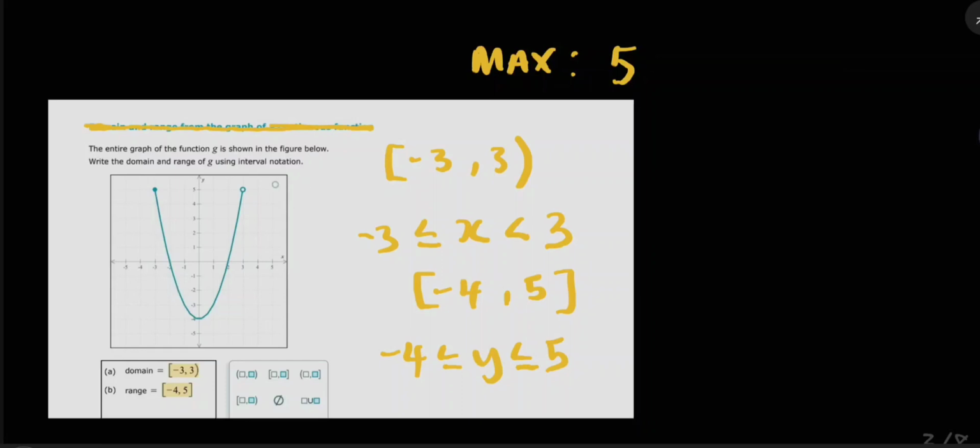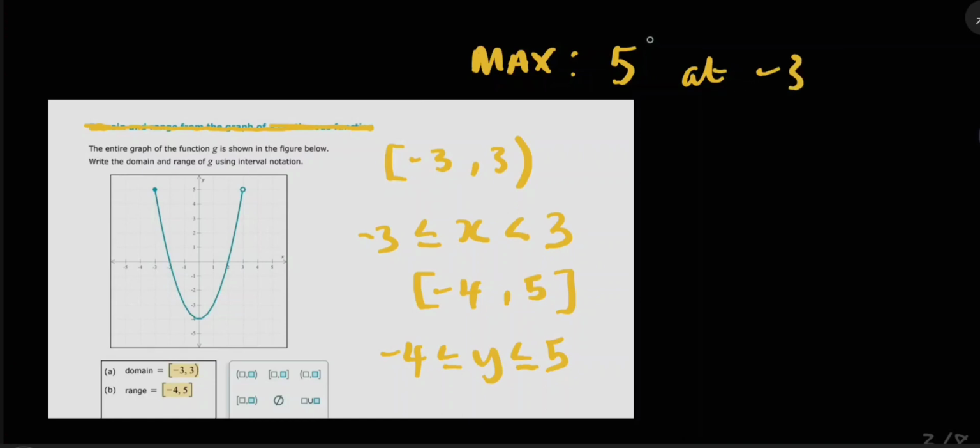It occurs either at -3 or 3. So our maximum of this graph is 5. Our maximum is the highest point of the y-axis of the graph, and the maximum is 5, and it is at, let's say, -3.